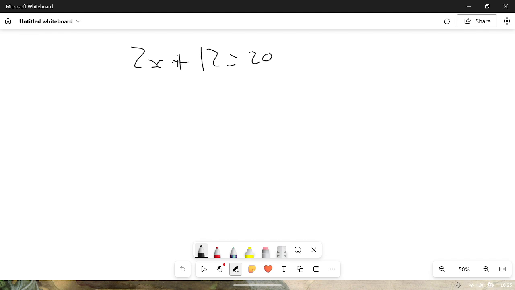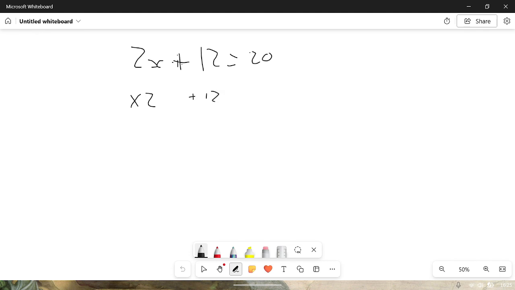Once again, you've got to think what is happening to x, the story of x. Now, the story of x, whilst many of you may not remember it for your exams, if you can't think of any other method, story of x is perfect. So what's happening to the x in here? Well, it's being times by 2 and then added by 12.